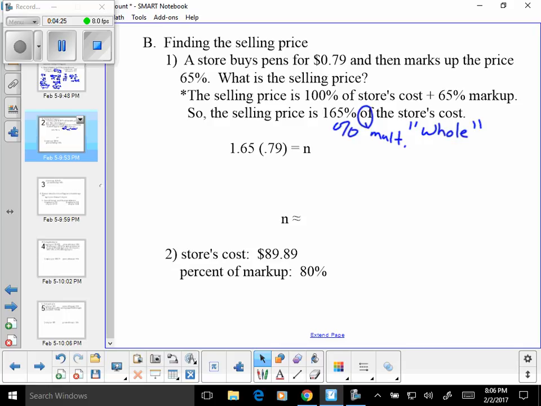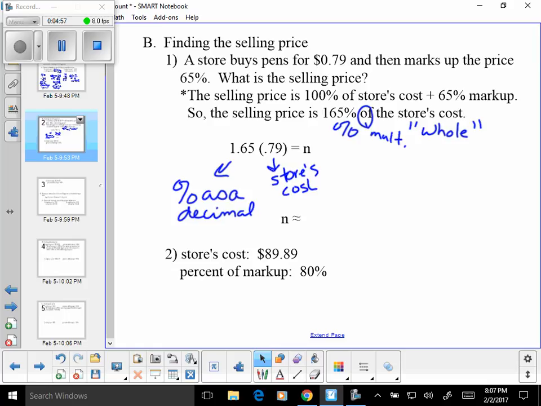Now, 165% is going to be put into the equation as 1.65. Remember, this is the percent as a decimal. If you recall that lesson, it was the percent as a decimal or a fraction times the whole. This is the store's cost.